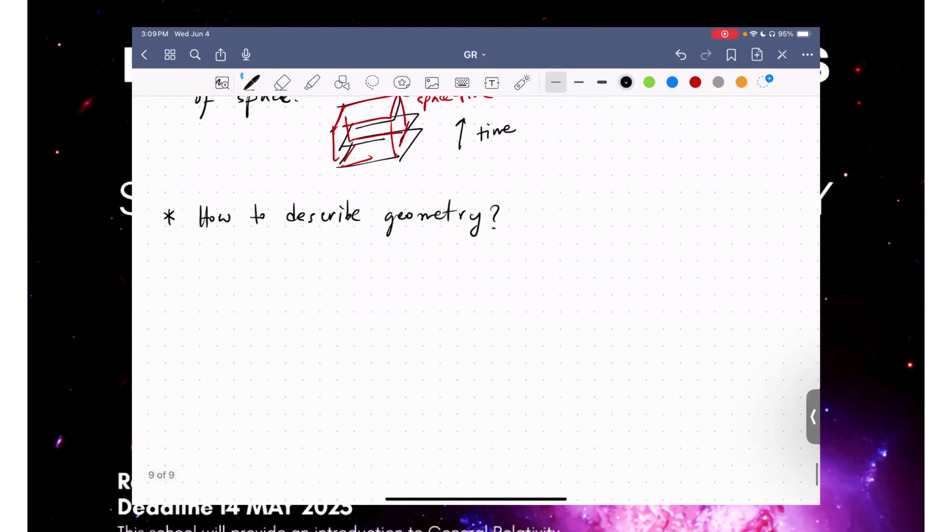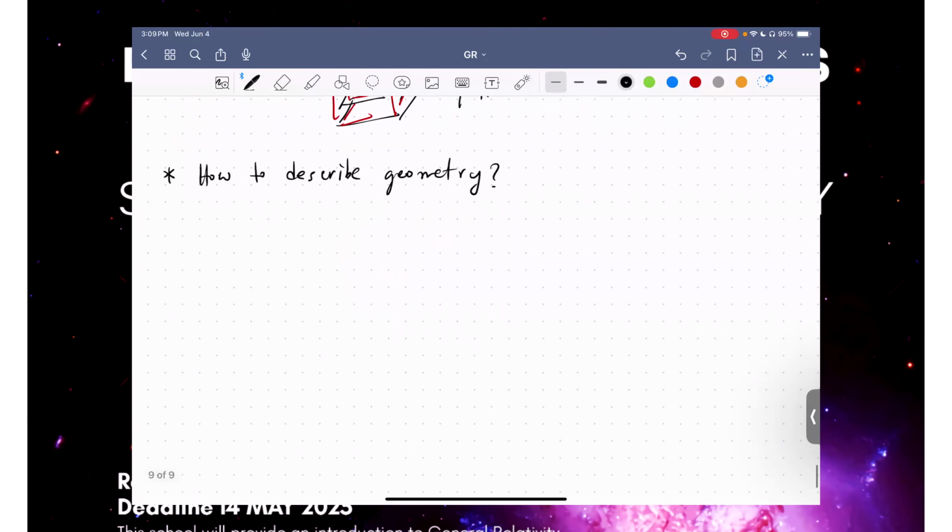The hint that we got is that we can learn a lot about the geometry of a space by looking at what happens when we move vectors around, or more generally tensors around. For example, if we were on a sphere, then we could draw these lines, which are kind of straight lines on a sphere.